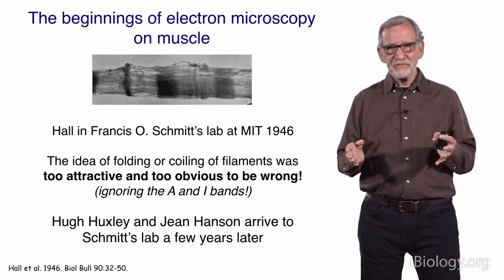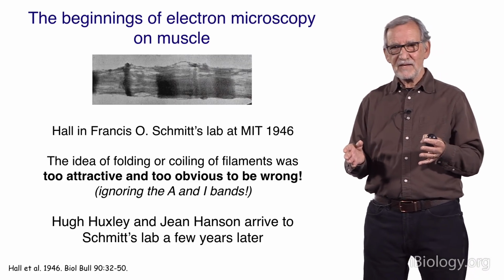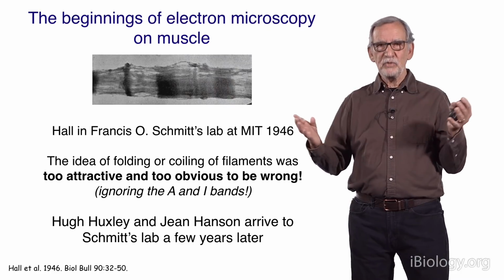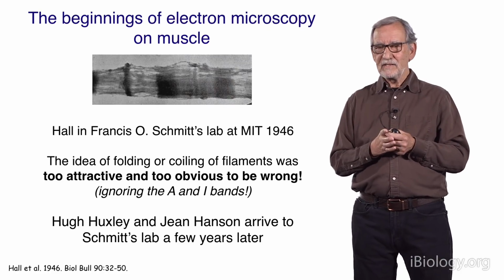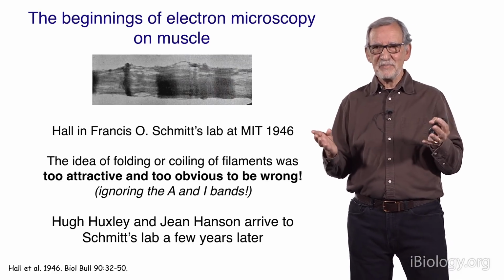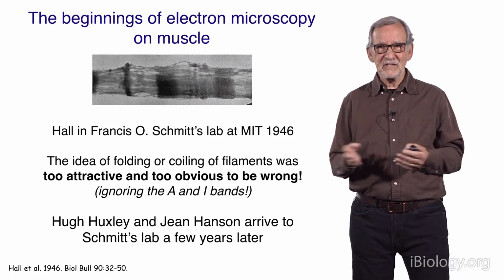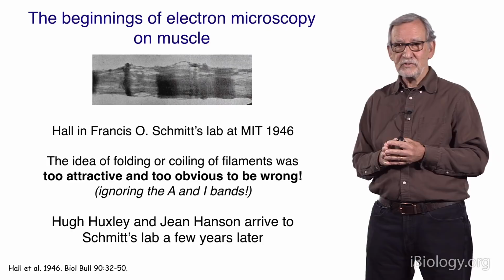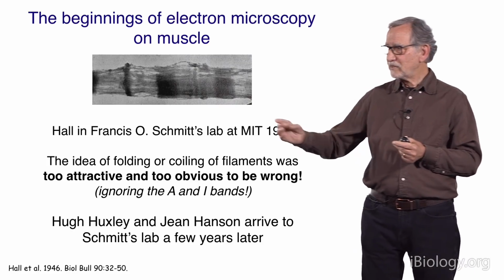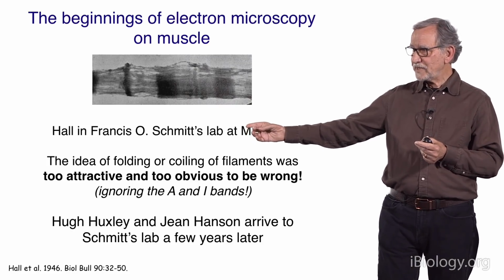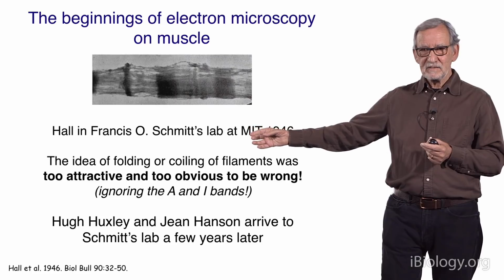Then in the 1950s, many of you know that electron microscopy became a new tool. And of course, one of the first things that people wanted to look at was, what did muscle really look like if you looked at it at higher resolution? And this was going on in the laboratory of Francis Schmidt at MIT.